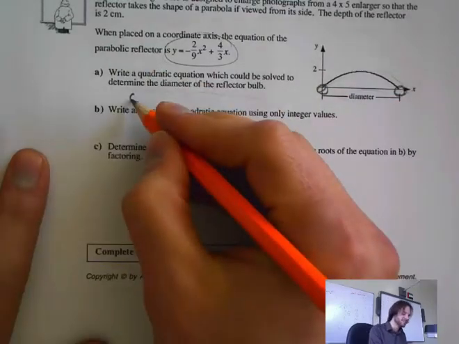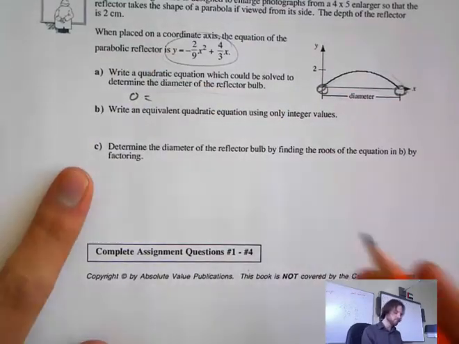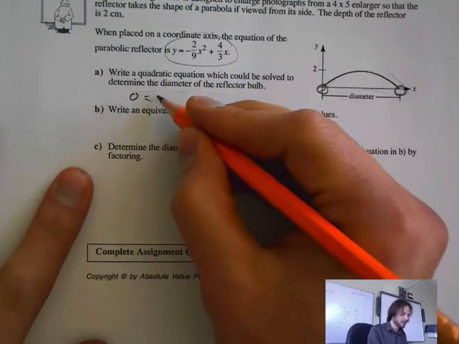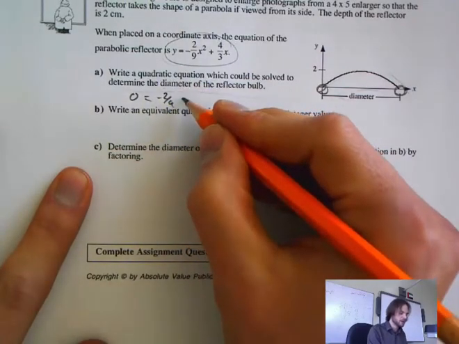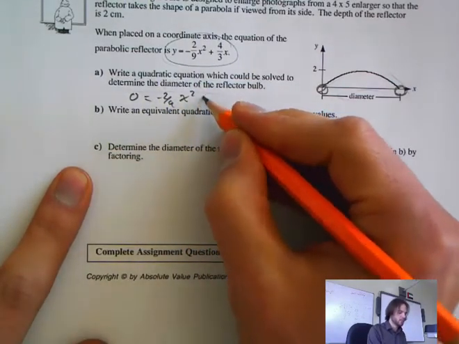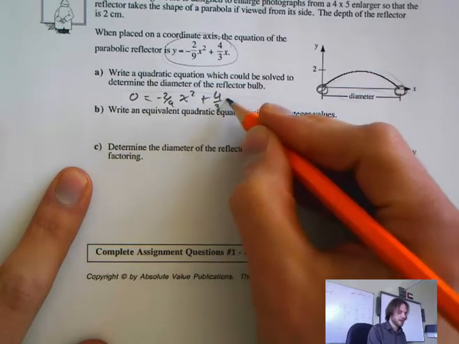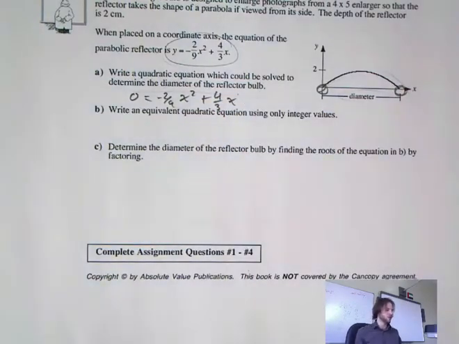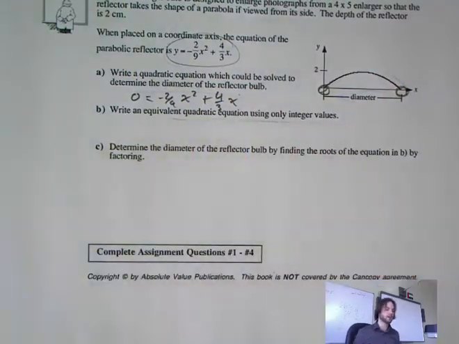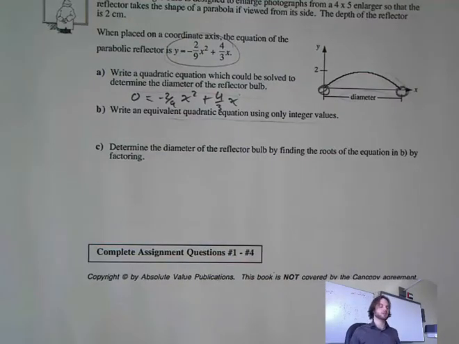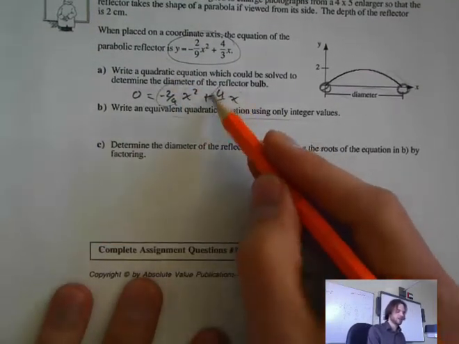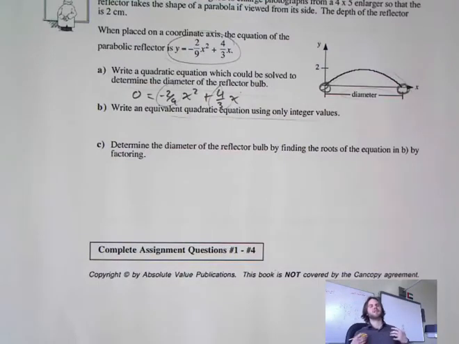So I'm going to put it at 0 is equal to, okay, we have negative 2 over 9 x squared plus 4 over 3 x. Okay? Now, write an equivalent quadratic using only integer values. So these aren't very nice, are they? These fractions can be very complicated.